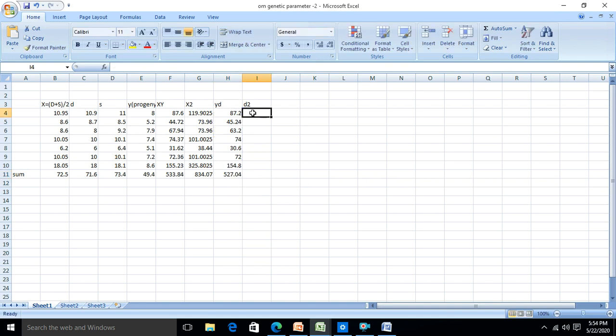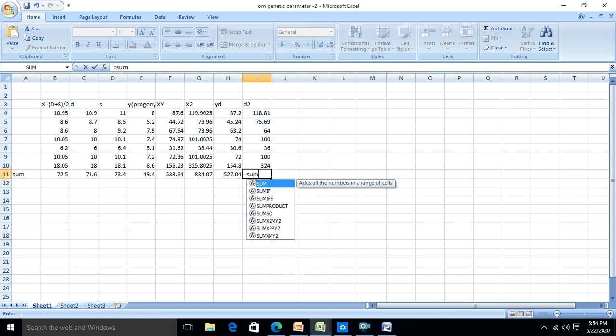Now you have to find D square, means you have to multiply D with D, means C4. Now find the sum.